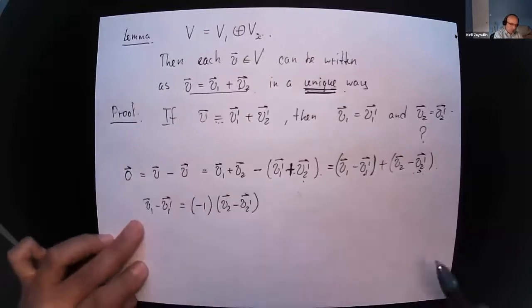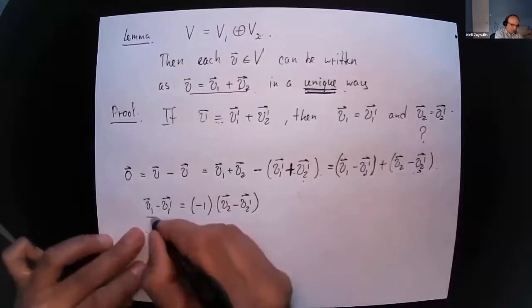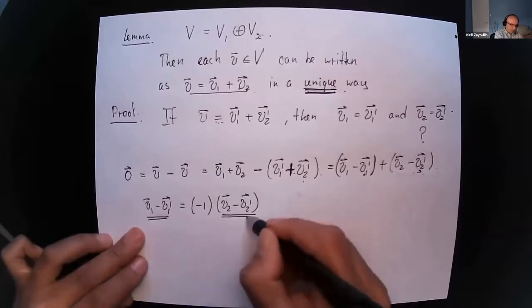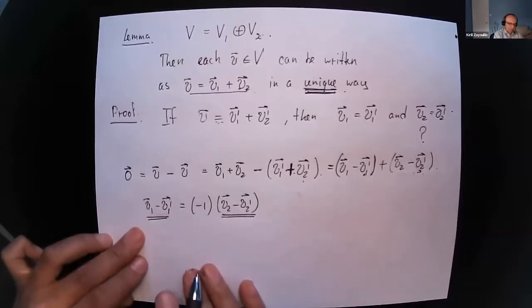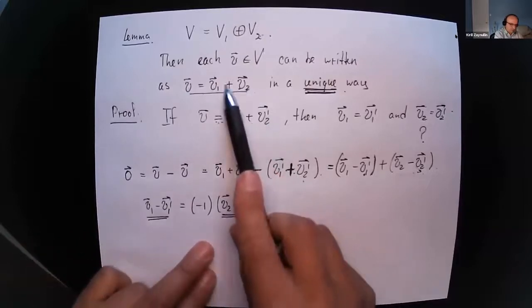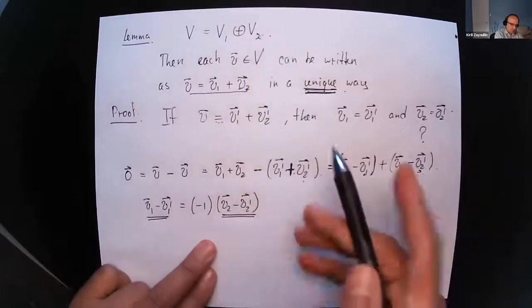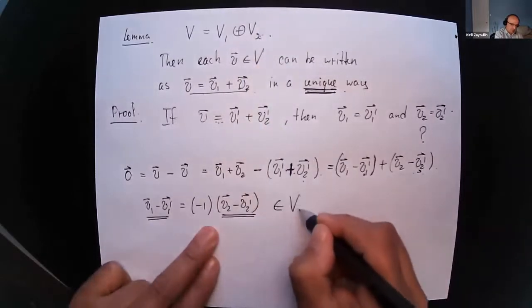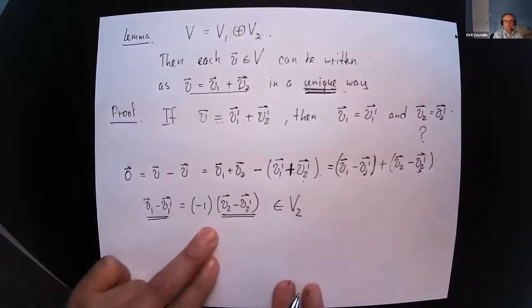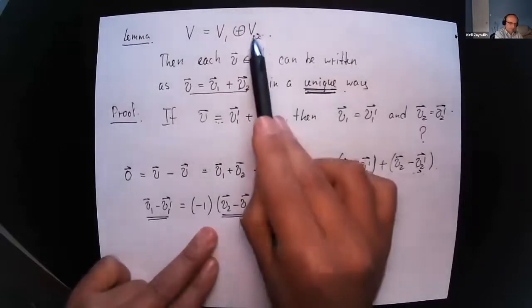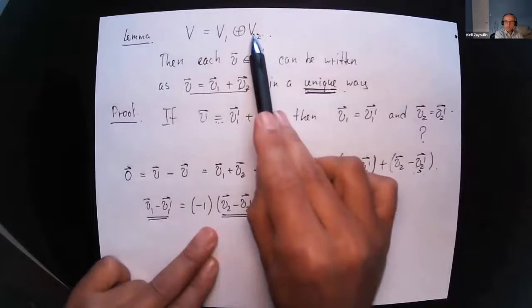Then we see that this vector is a multiple of this. And this V2 minus V2 prime sits where? It sits in V2, because both V2 and V2 prime are vectors from the second vector space, V2.